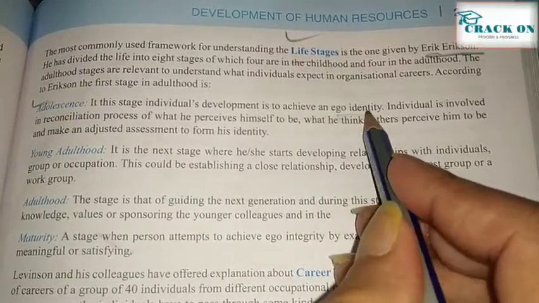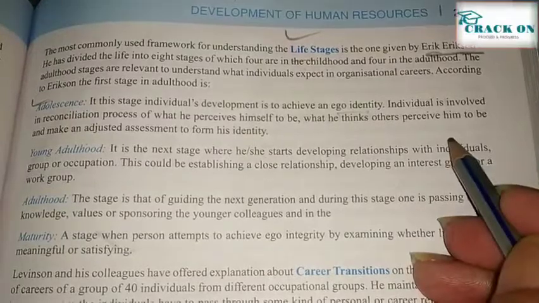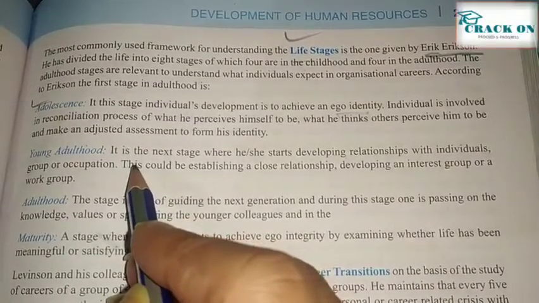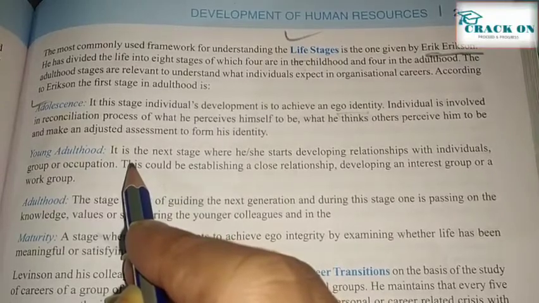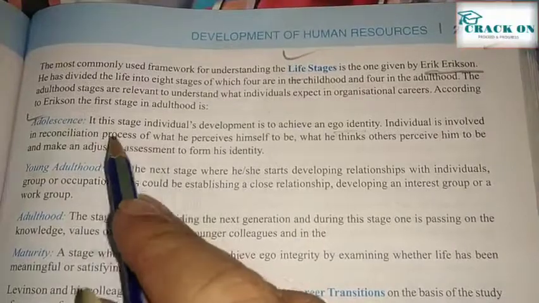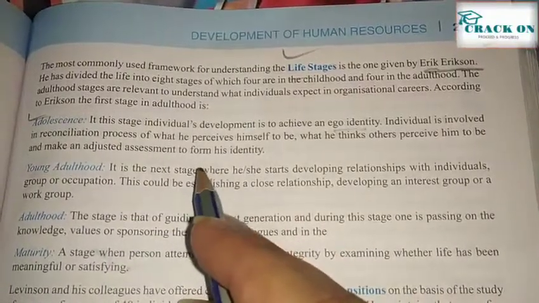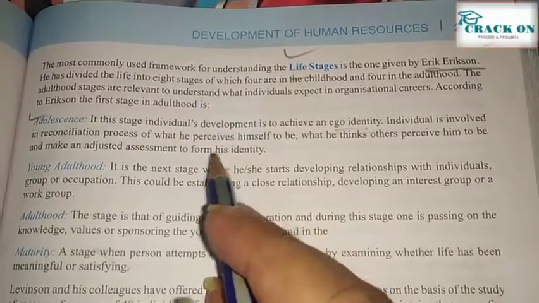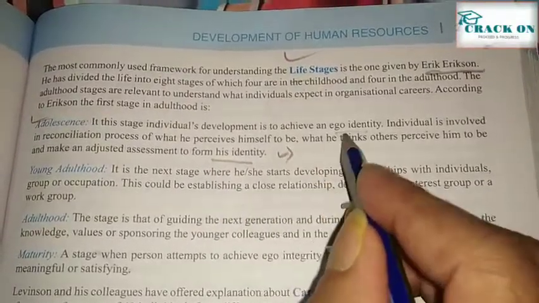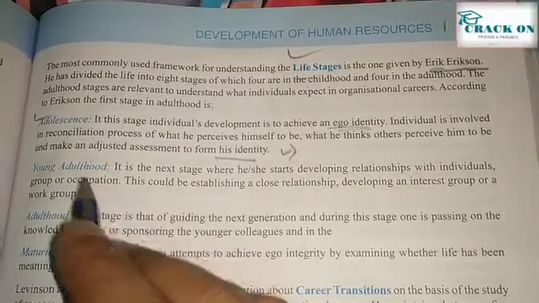The individual is involved in a reconciliation process of what he perceives himself to be and what he thinks others perceive him to be. So in this adolescence period, the person makes some adjustments or assessments to form his own identity. So it is the ego identity stage, adolescence, right?